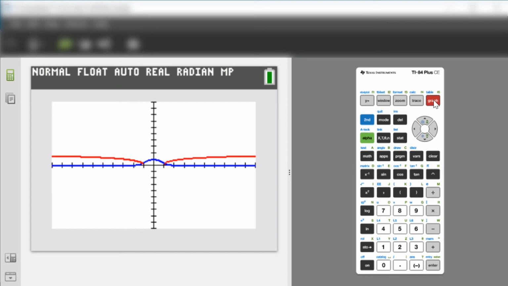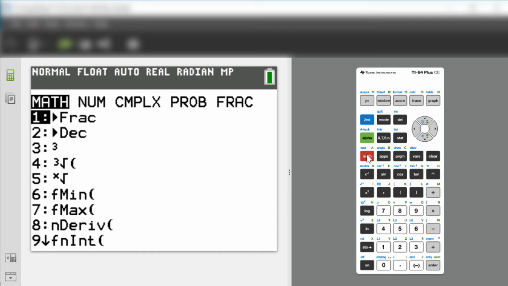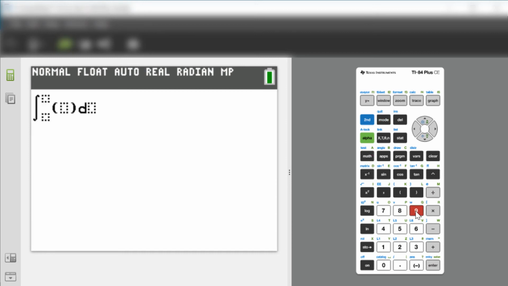So when we set up the integral, we'll do the square root function first. So let's go back. I'm going to hit second mode. That gives me a clean screen. Math, and we want the integral. We go from 2 to 4. Now, we've got to do that square root function again, so we'll begin with second, and if you hit the x squared, you get the square root.